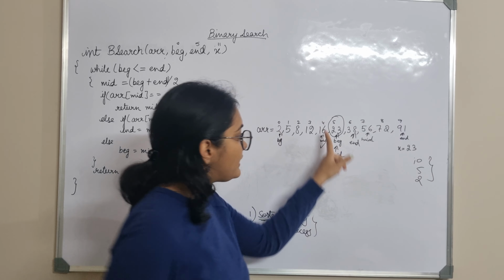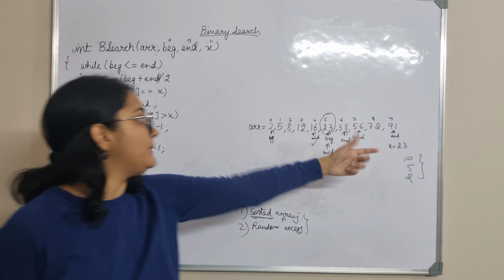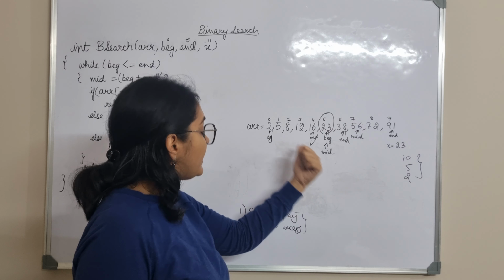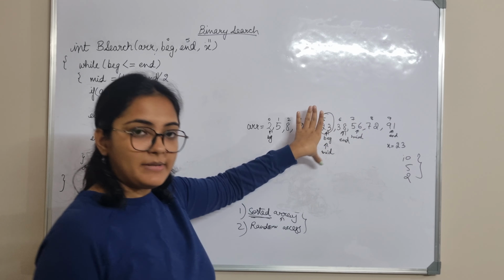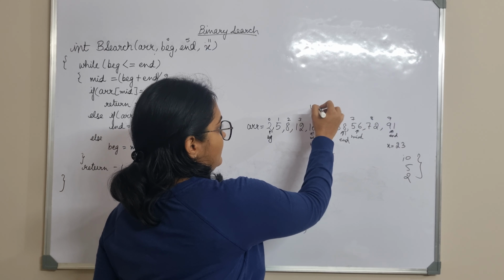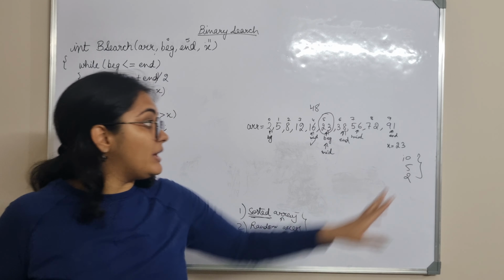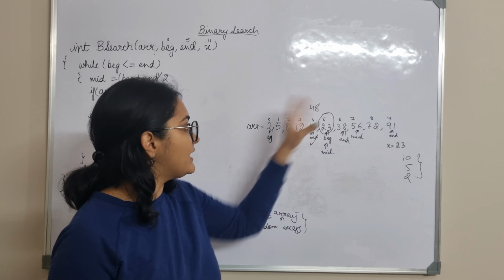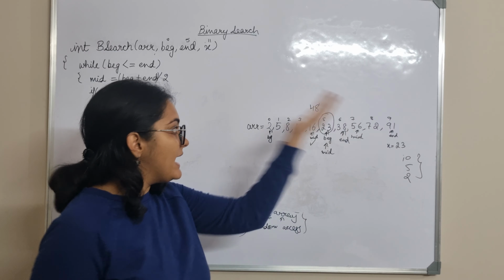So it compares the value to the middle element, and if the middle element is bigger, assume we have 48, then where would 23 be in the array if this is 48? Just think about it. If we have 48 here, it's a sorted array. Where will 23 be? Left-hand side, right?